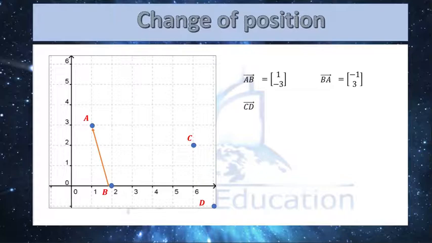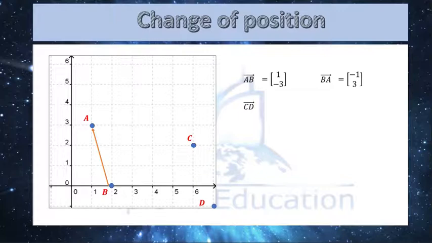Now what about CD? C is in a completely different position from A, and D is in a completely different position from B. So the coordinate of each point is completely different. But what we are going to see is that the vector AB is exactly the same as the vector CD.